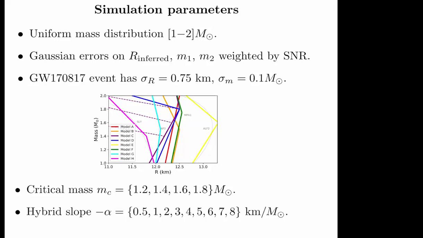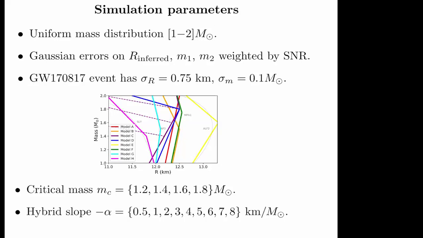It may turn out to be the same as in the Milky Way. It may not. I would expect this is something that LIGO will eventually be able to answer. But for the moment, in order to make the most optimistic of predictions, let's assume a uniform mass distribution between 1 and 2 solar masses.